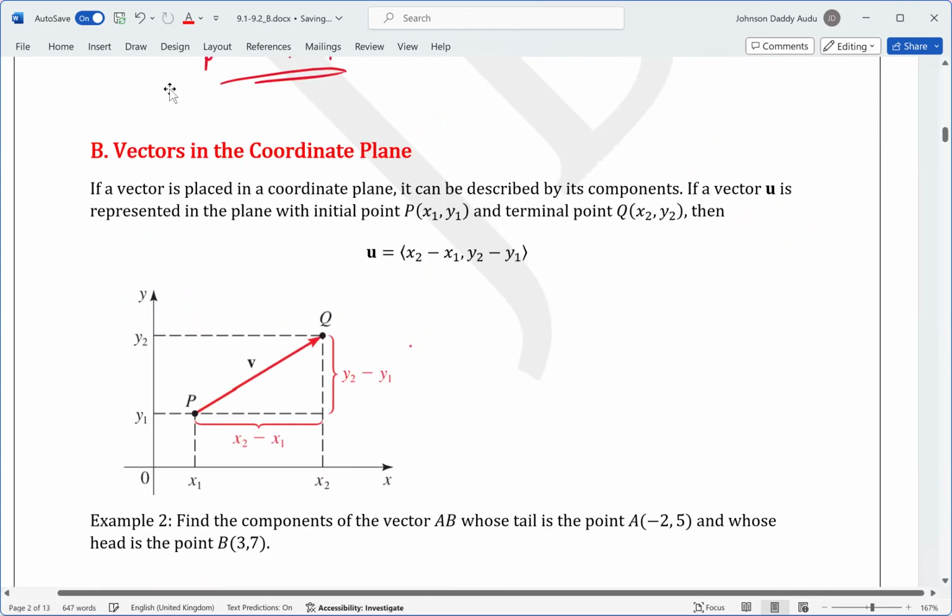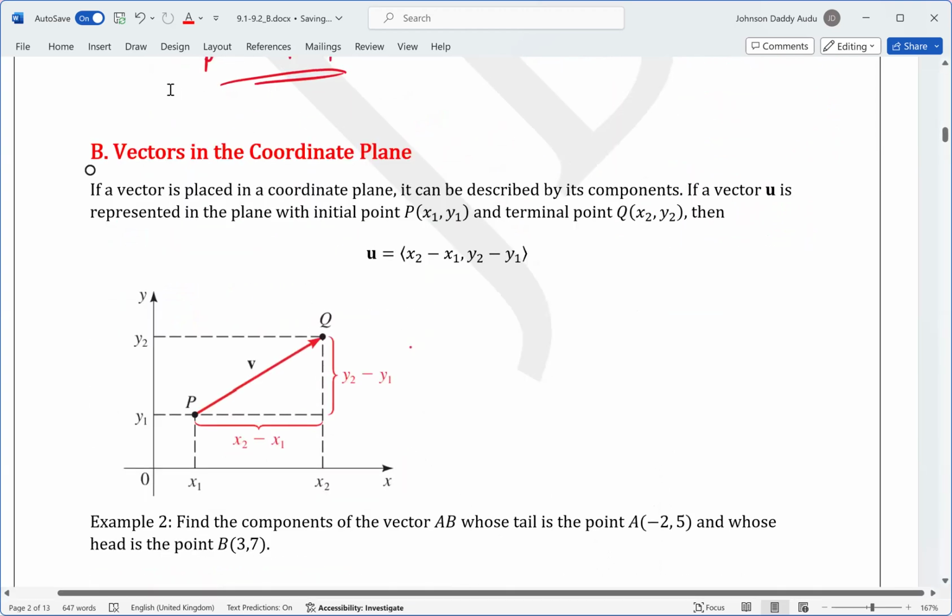All right, so let's talk about vectors in a coordinate plane. We said if a vector is placed in a coordinate plane, it can be described by its components. And how do you describe a vector by its components?